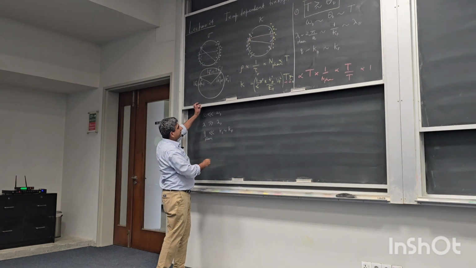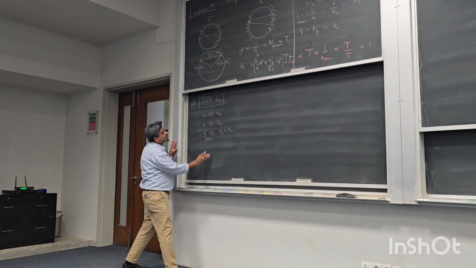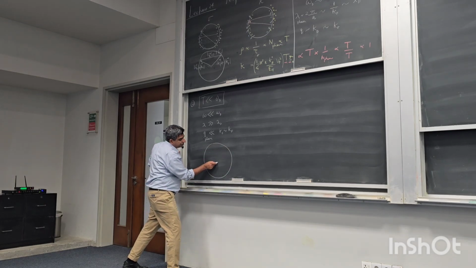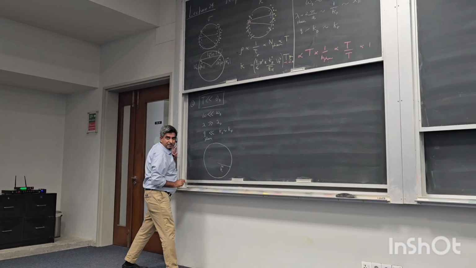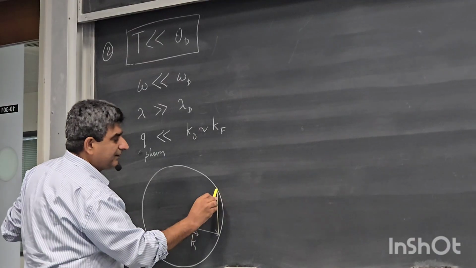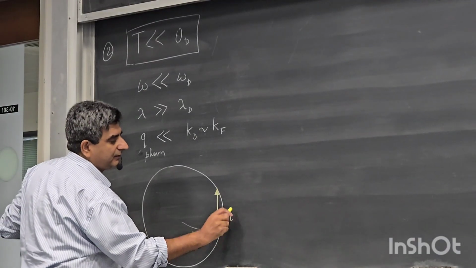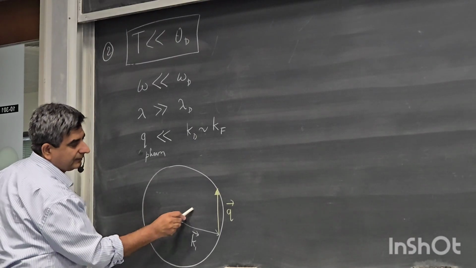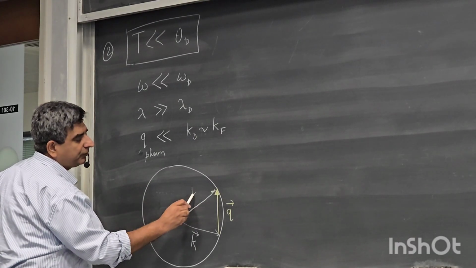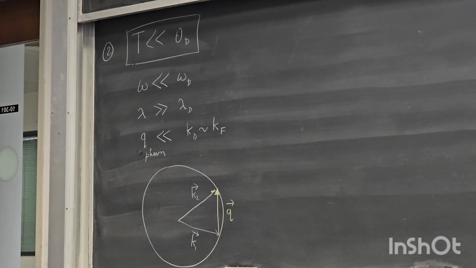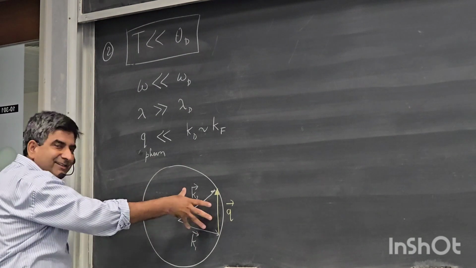And if you look at the picture in the Fermi sphere for these low temperatures, as far as electrical conductivity is concerned, you have an initial electron wave vector, and your phonon wave vectors, they are small. So they don't make the electrons go from one side of the Fermi sphere to the other. They kind of just turn them around.